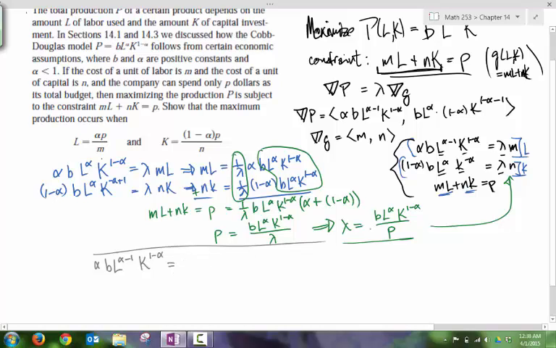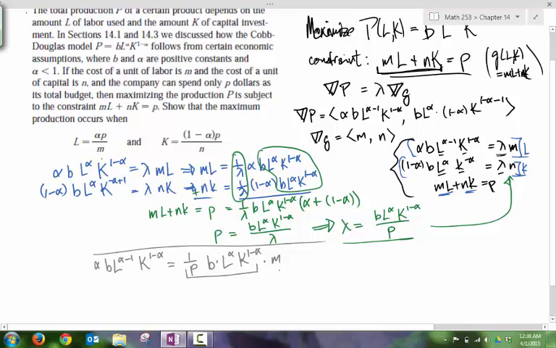So the lambda, let's see, write this a little bit neater, 1 over p, and then I have the numerator is b times L to the alpha k to the 1 minus alpha, and then times m. So this whole thing is actually equal to lambda, and that's what we were setting that equal to.